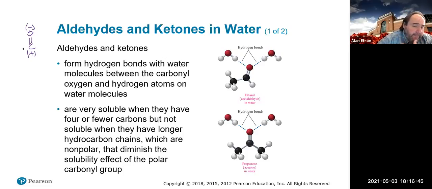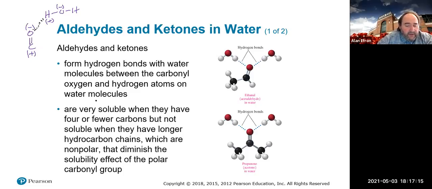So aldehydes and ketones have the ability to hydrogen bond with water between the carbonyl oxygen and the hydrogen there. Remember, water is polar, more negative on the oxygen, more positive there on the hydrogen of water. And that's going to give it that pretty good interaction, which is known as hydrogen bonding between a hydrogen atom and an electronegative atom, like nitrogen, oxygen, and fluorine.